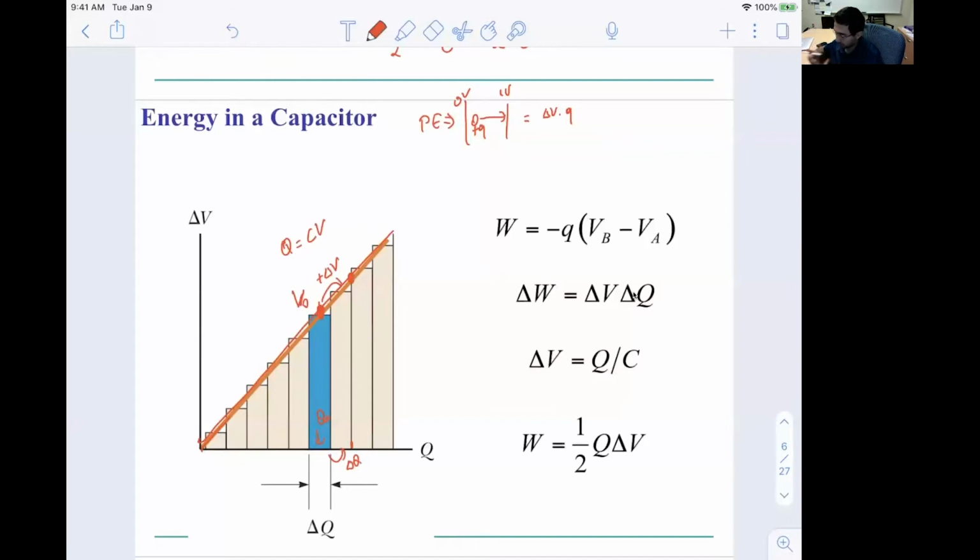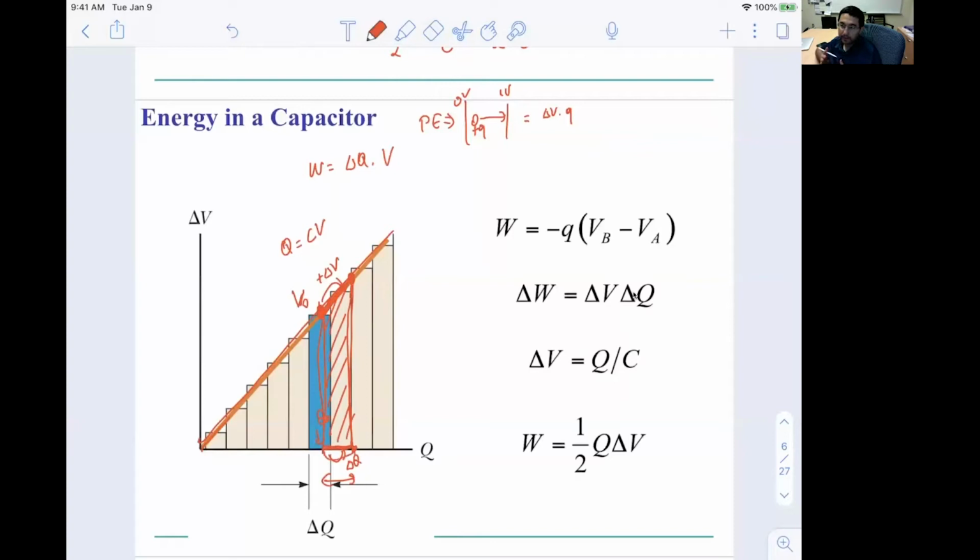The work done for this potential increase is going to be delta Q times V, like the area of this region, because this is delta Q and the potential is this.